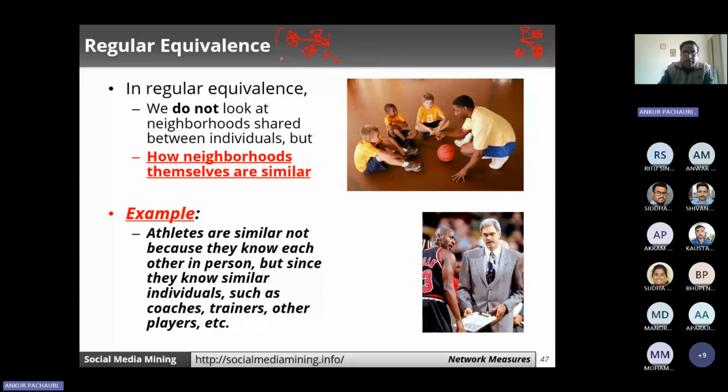So although they both belong to one graph, they may be distant from each other. But n1 and n2 are similar because their neighborhoods are similar to each other, although not necessarily directly connected, nor are their neighborhoods necessarily connected to each other.